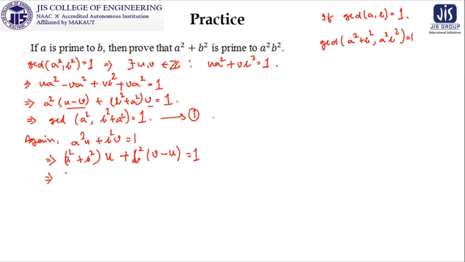This implies GCD of a square plus b square comma b square is equal to 1. It is our equation number 2.